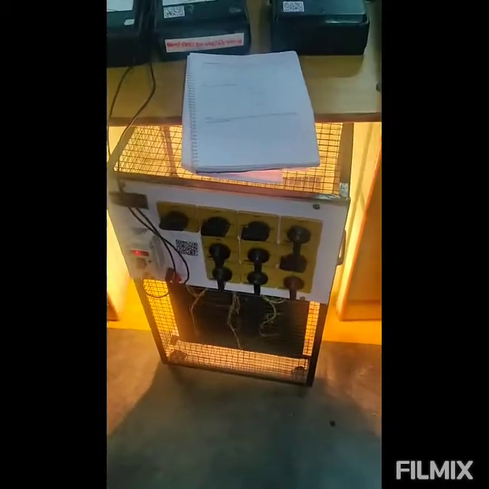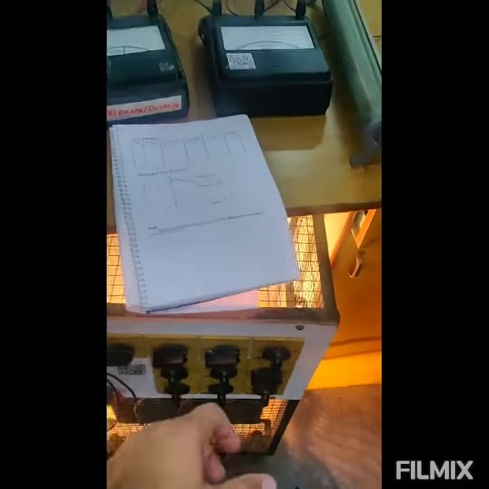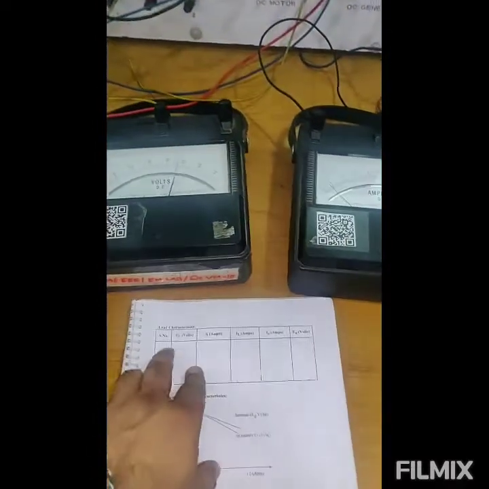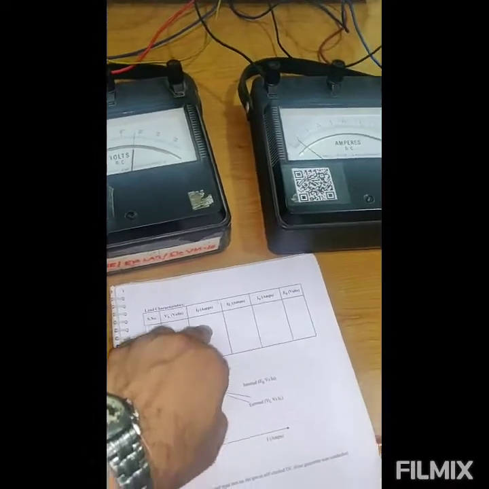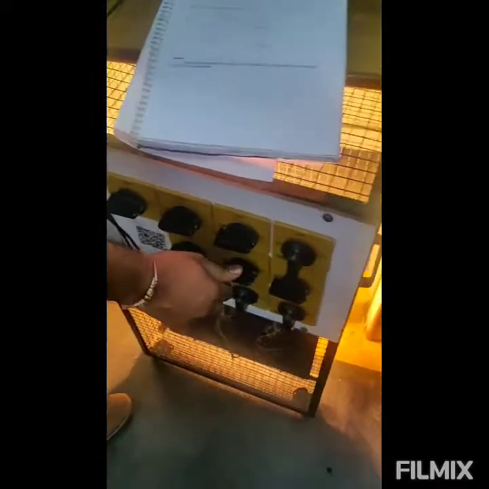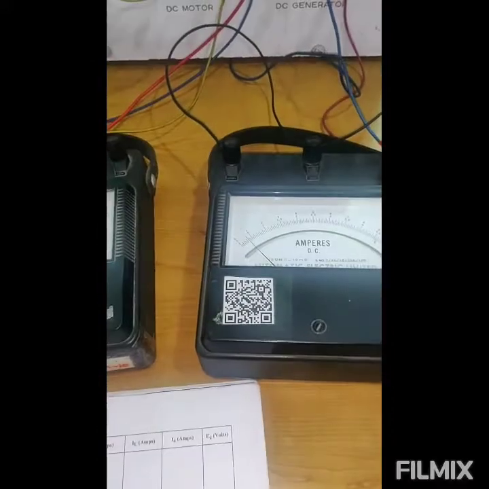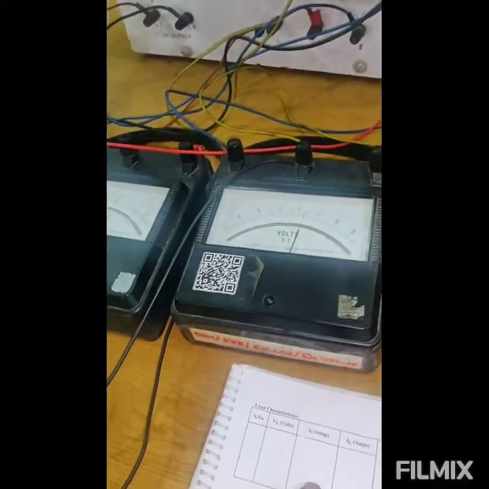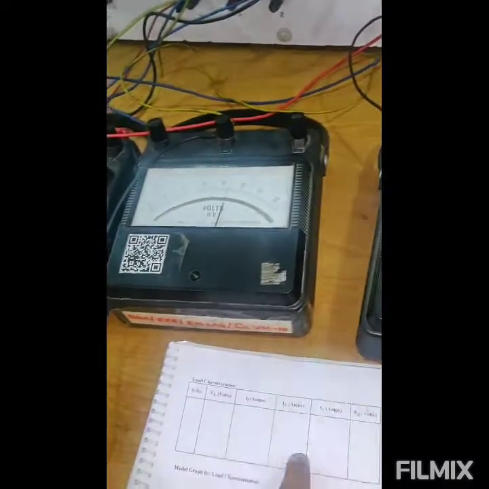Now step by step we will increase the value of the load, and we will start taking values of VL, IF, IL, all different values. Increase the load. Now you have increased some load, you will take the values of VL, IF and IL from here, right?